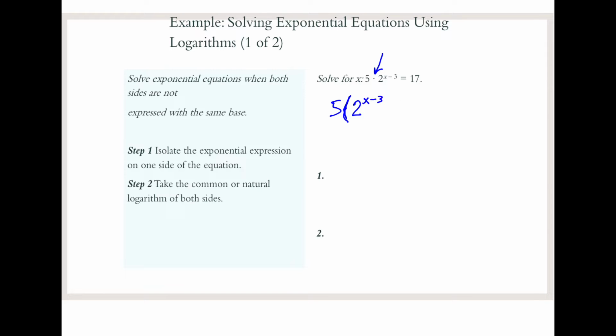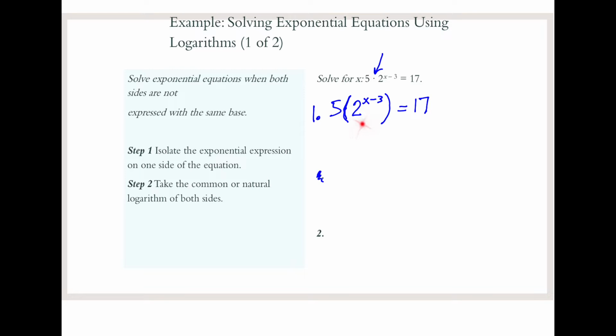2x minus 3 equal to 17. So step 1, if I'm going to isolate this, I'm going to just move this up here. The one thing that's keeping the exponential part not isolated is this multiplication by 5. Right?